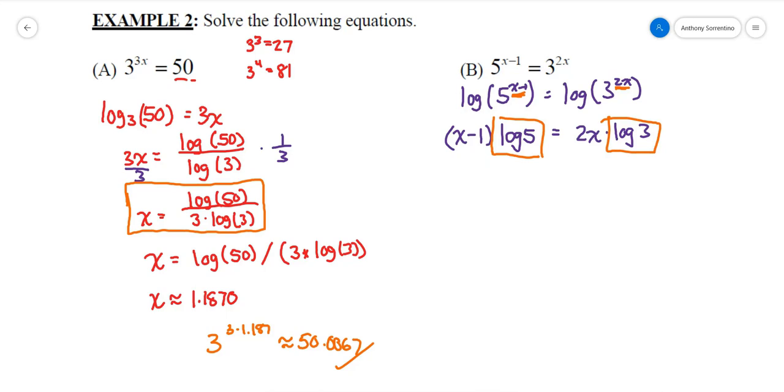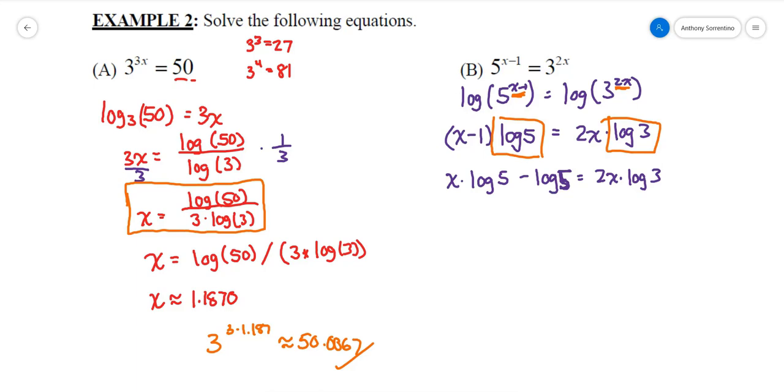If I treat these as numbers, then I'm going to have x times the log of 5 minus the log of 5 equaling, well, this one doesn't have much to do with this, 2x times the log of 3. I want to get all my x's on one side, and anything, this is log of 5, not log base 5. I'm going to get my x's all on one side and anything that doesn't have an x attached to it on the other side.